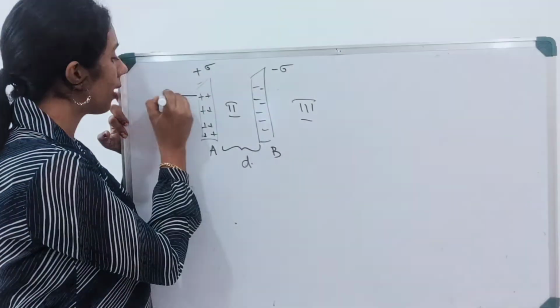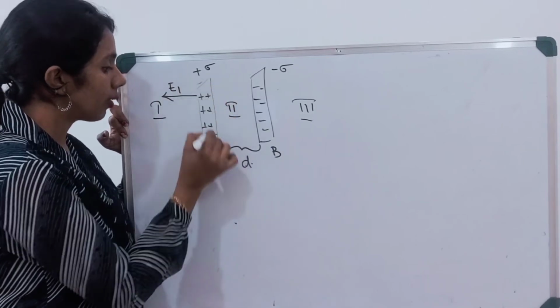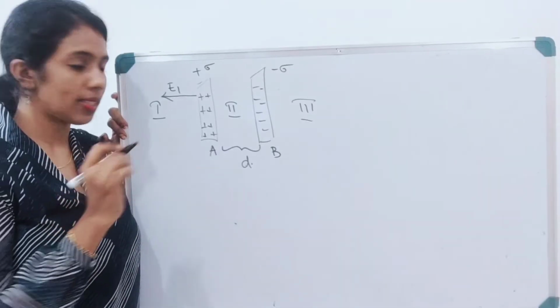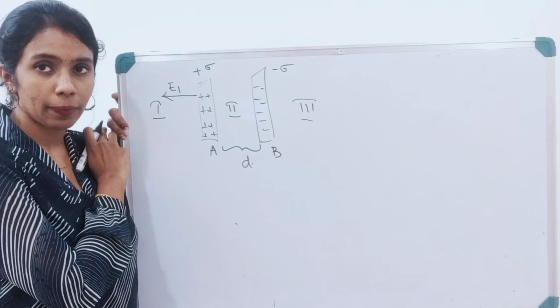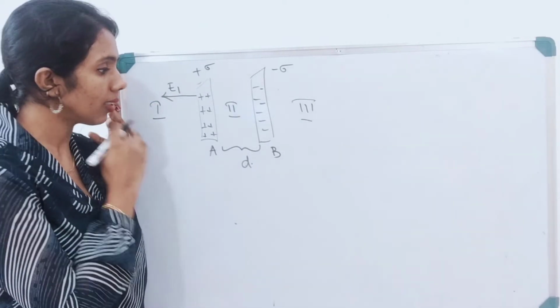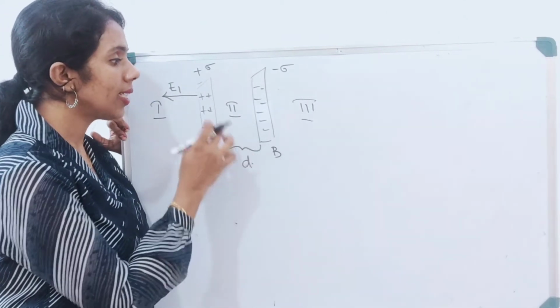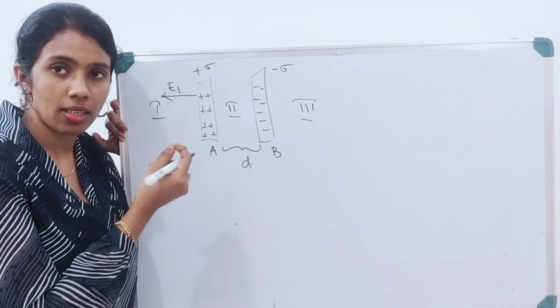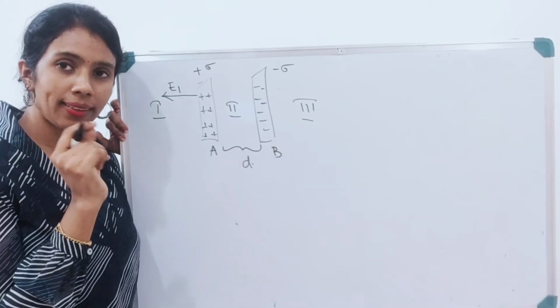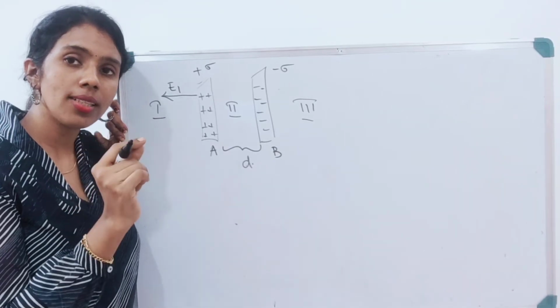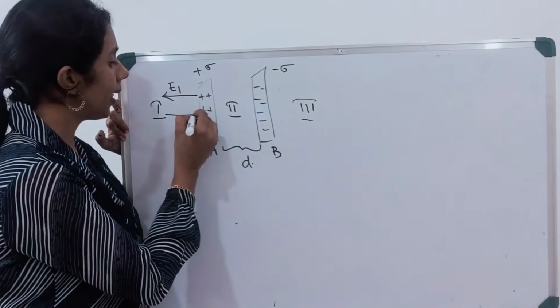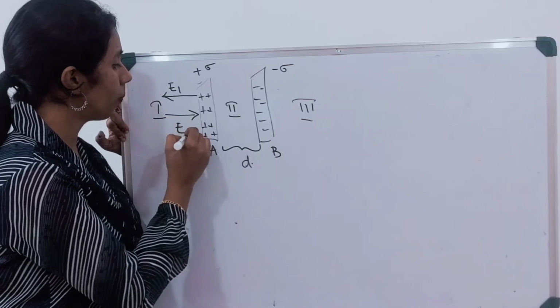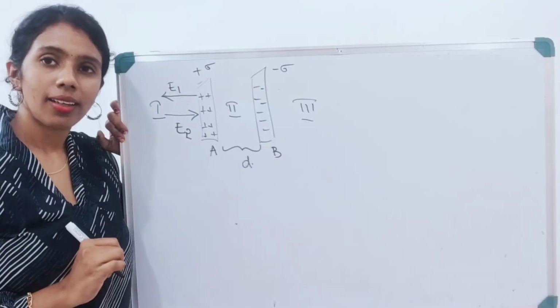That is, E1 due to plate A, which is charged positively, will be towards the left. That is, the electric field in the outward direction. Now E2 is the electric field due to plate B, which is negatively charged. For a negatively charged plate, the electric field is towards the charge. So here E2 will be in the opposite direction of E1.